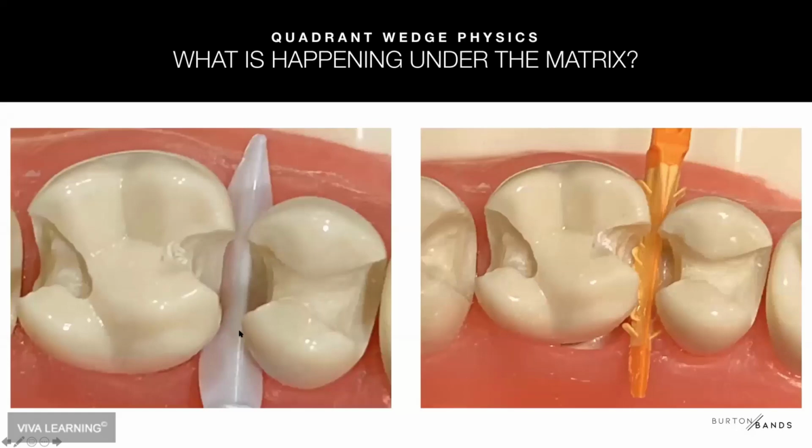As I was discussing earlier, the crest of the wedge is right here, okay? And it's impinging on the premolar, and it's leaving the molar wide open. The same thing in this area, the wedge just wants to tilt over.